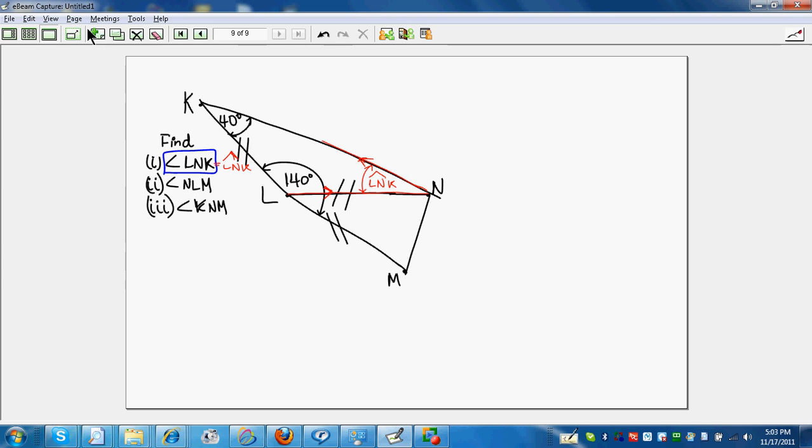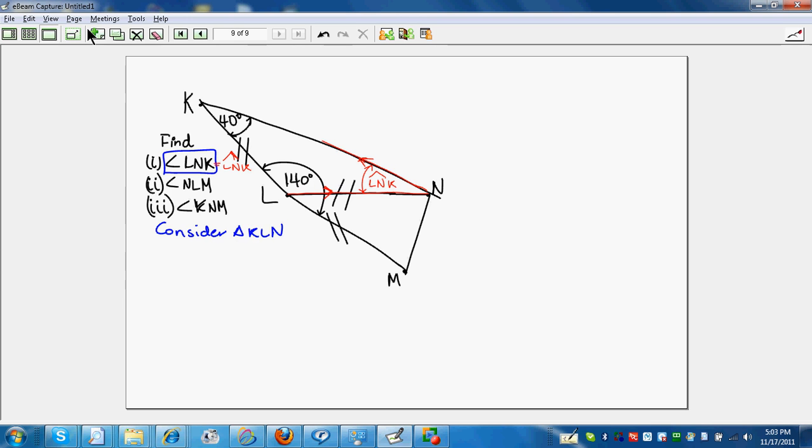And we know that because of the double dash. The dashes or the double line on LN and LK say that they are equal. So if we consider triangle KLN, we say that that is an isosceles triangle.